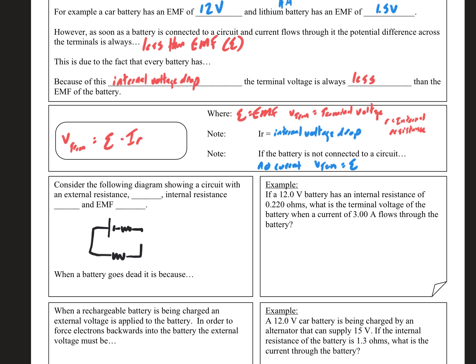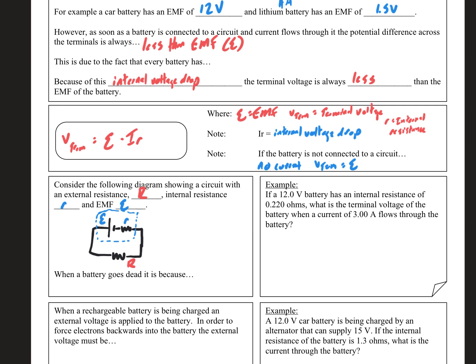How we want to think about this is there's an external resistance R. That's going to be this over here. Then the battery has an internal resistance, little r, and then my EMF is here. This part right here represents the battery. So we have the battery connected to something else, just like a normal resistor. But the battery, based on how it's made, has its own internal resistance.